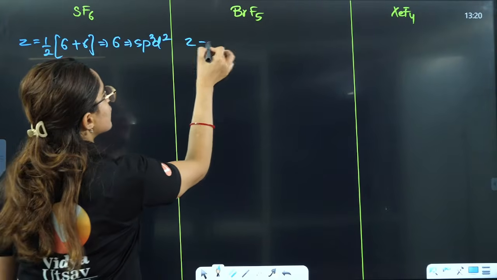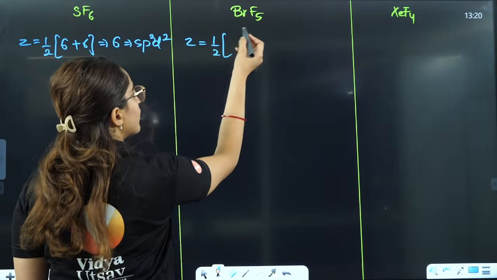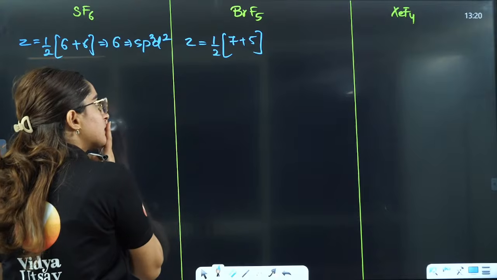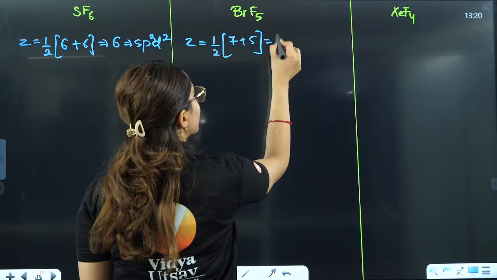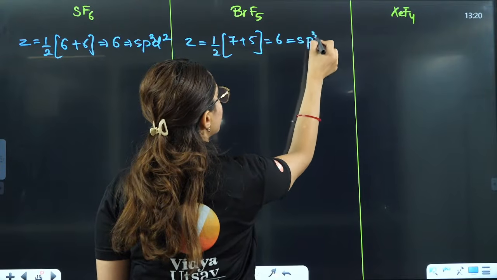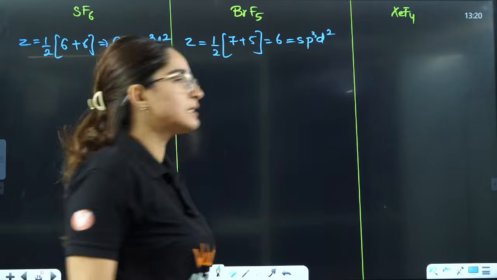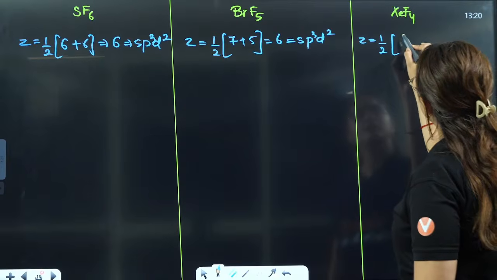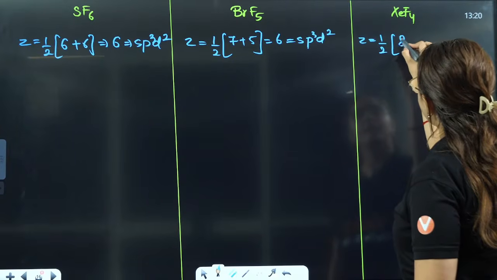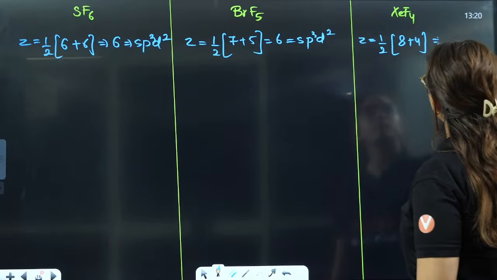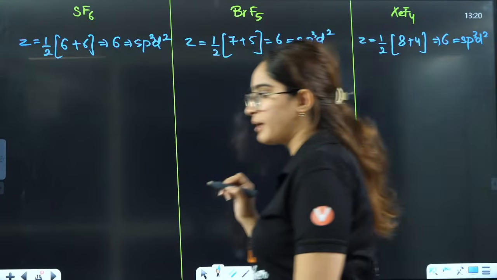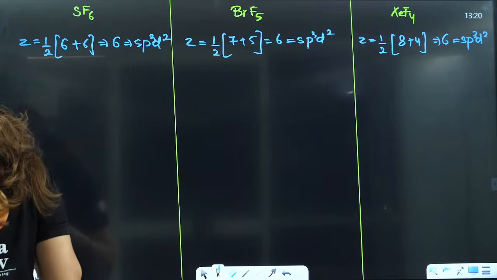For BrF5, Z is going to be half, bromine means 7 valence plus 5, that is 12 by 2, that is 6, that is sp3d2, right? Now for XeF4, xenon has 8 valence plus 4, 12 by 2 is 6, that is sp3d2.